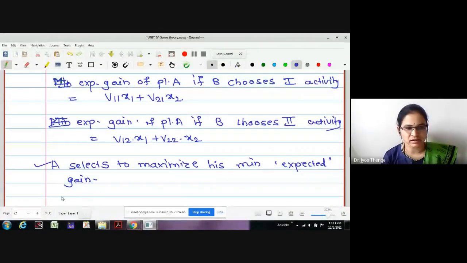Correct? Therefore, this is the maximum of the minimum expected gain.